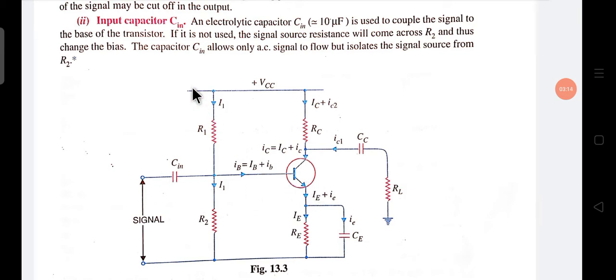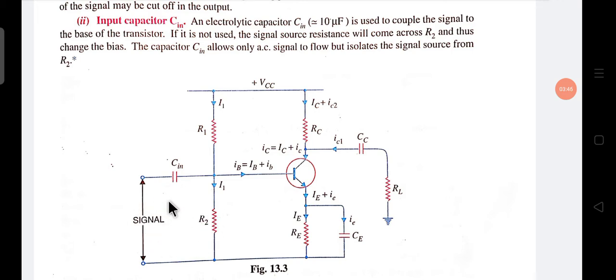If it is not used, the signal source resistance will come across R2. If we didn't use Cin, then the signal source, which has some resistance, would be connected in parallel with R2.